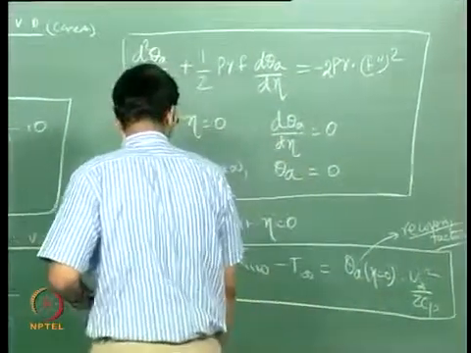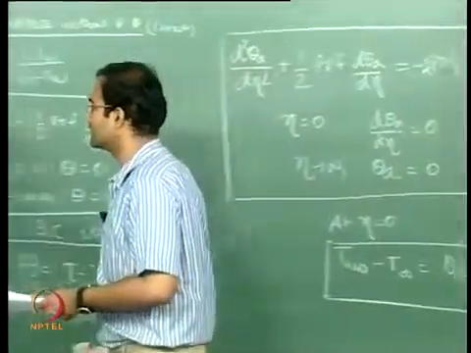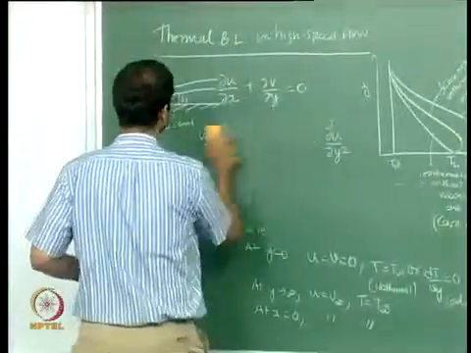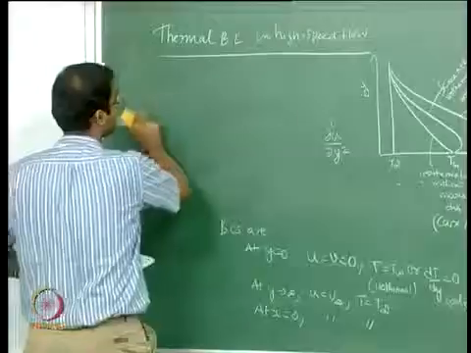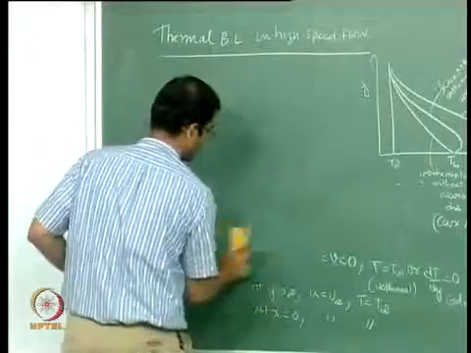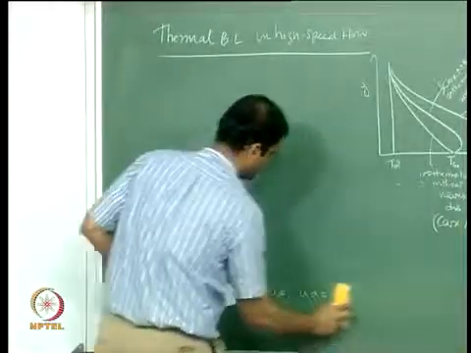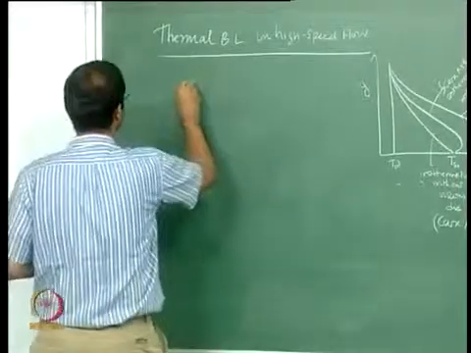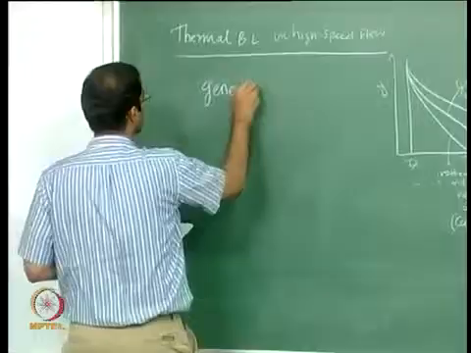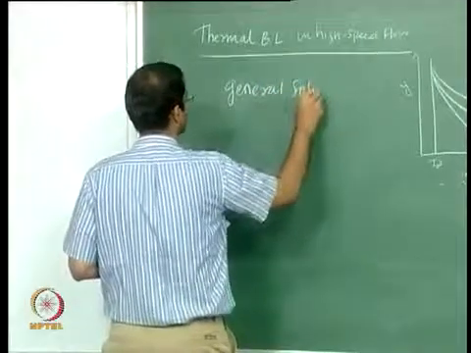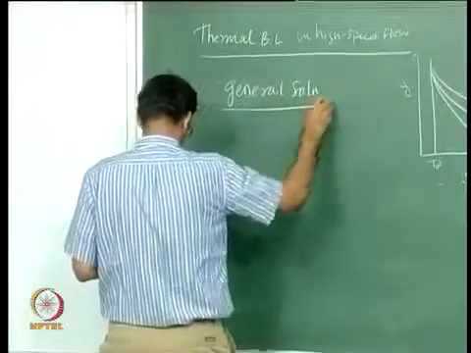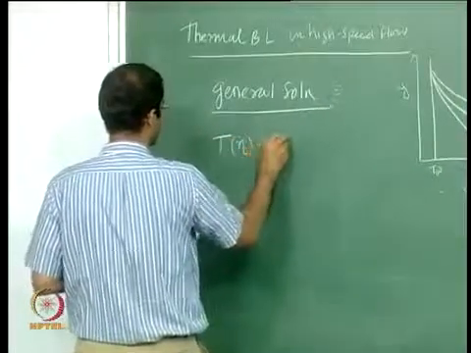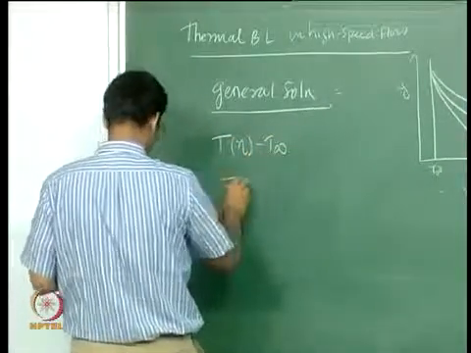Now I am going to propose a general solution which is a combination of the two cases. I am going to define T as a function of eta, minus T infinity.